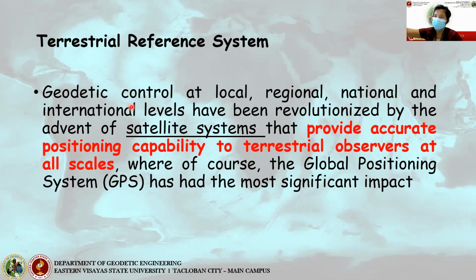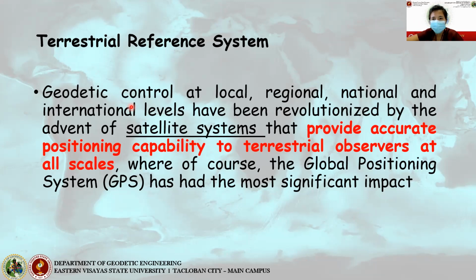They established these towers just to ensure intervisibility. For example, in Tacloban, they established a tower so they could see another point located in Ormoc. That was the activity used a long time ago.